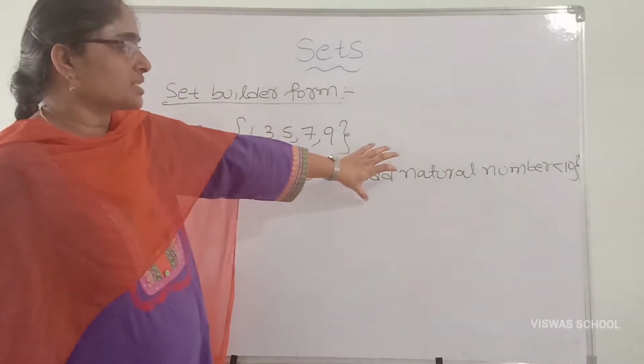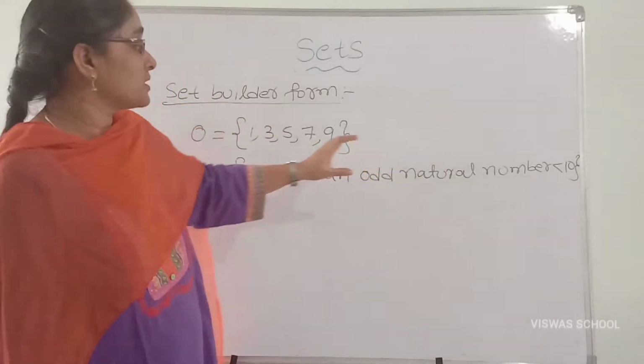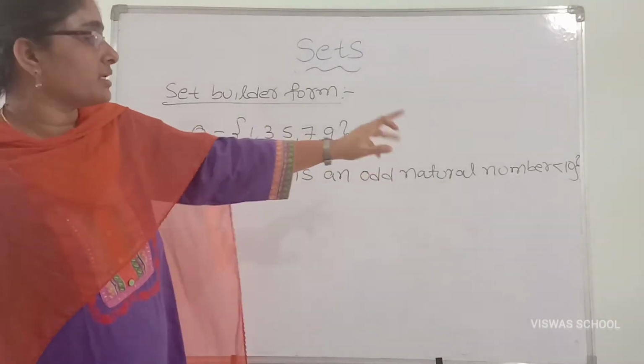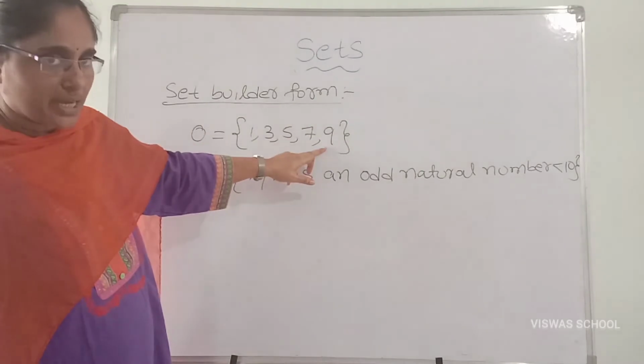Odd natural numbers are 1, 3, 5, 7, 9, less than 10. That's why I am writing up to 9 only.